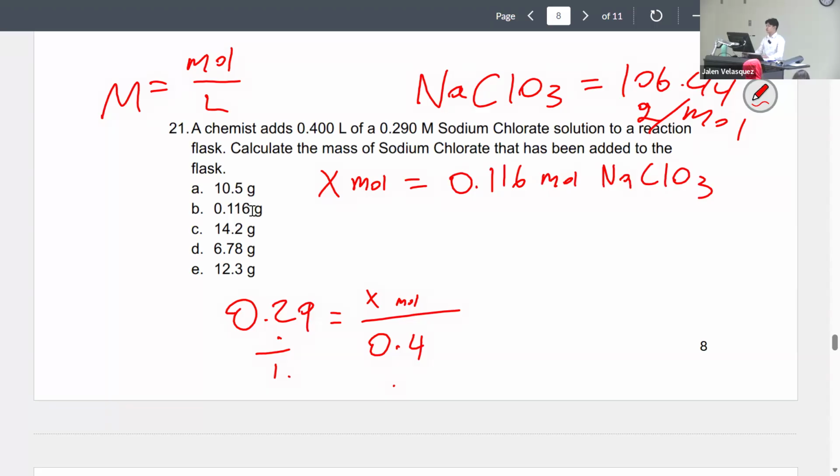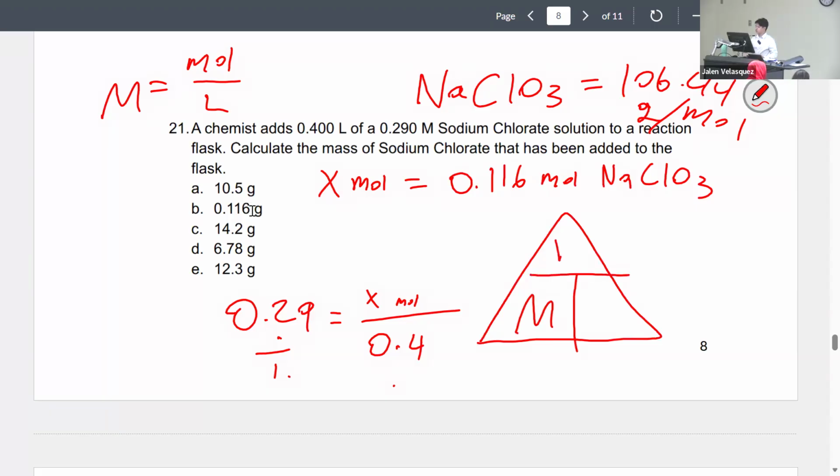If you don't like cross multiplying, you can do the triangle thing. I don't really like the triangle, but it's up to you. M is equal to the moles over liters, and when you're doing something over, it's dividing. So what did I do to solve for moles?